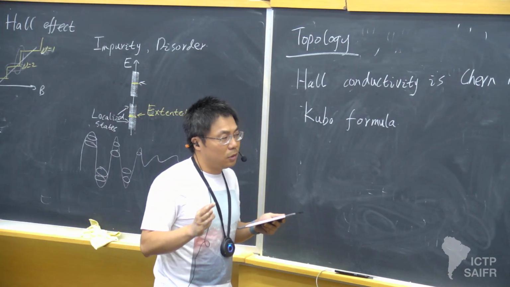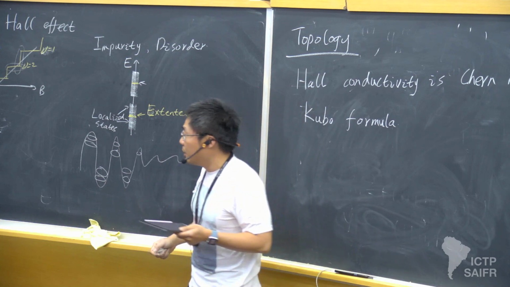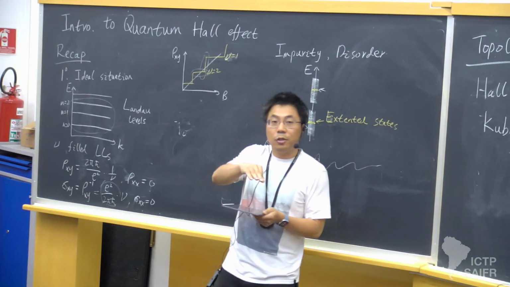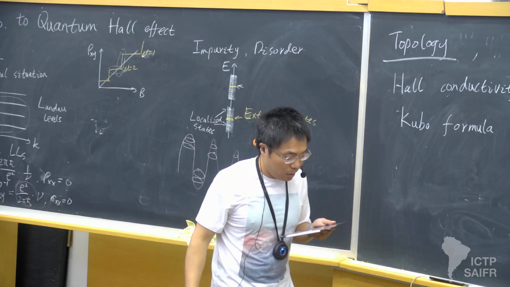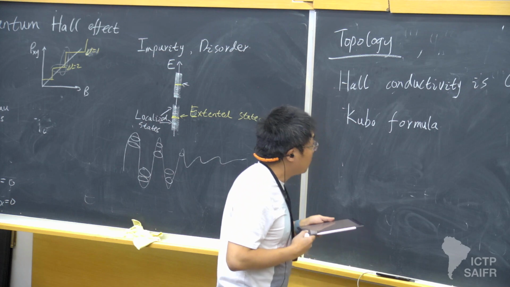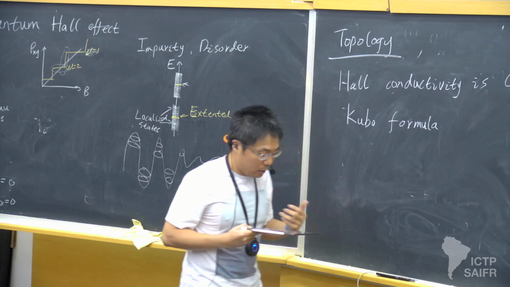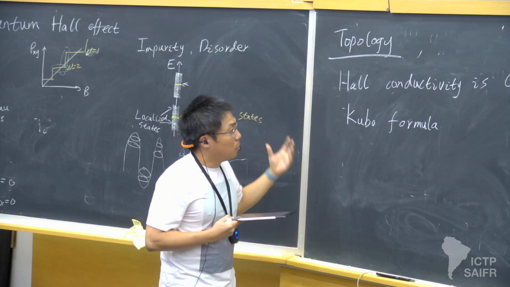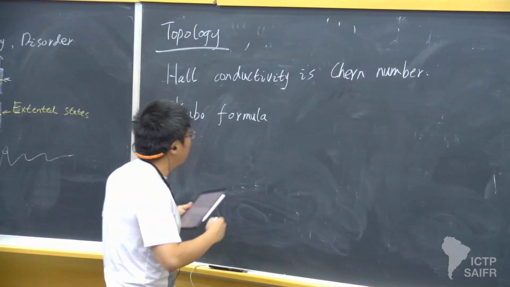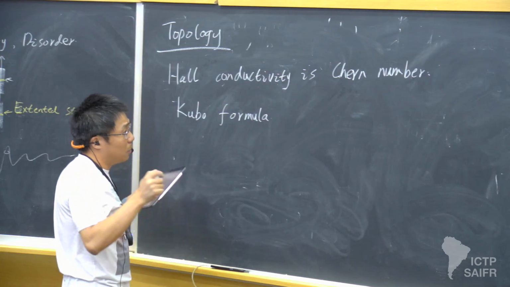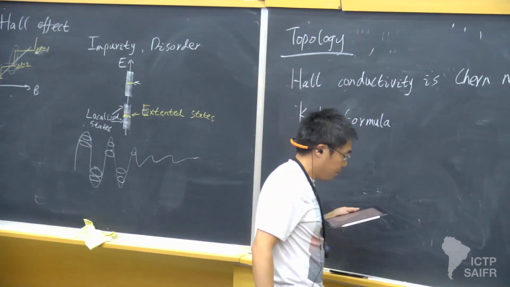It's going to be very similar to what I did in the last lecture, where I considered the ideal Landau level situation, applied an electric field, and then computed the conductivity, or resistivity. The discussion involving Kubo formulas will be a little bit technical, so it would be better for us to just state the essence of this statement: the Hall conductivity is the Chern number, and why the Chern number is quantized. That is the more important thing for this lecture.